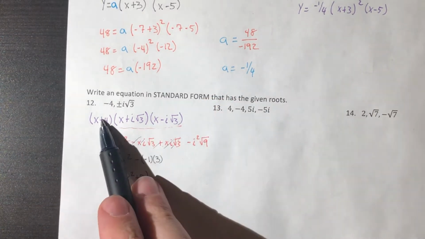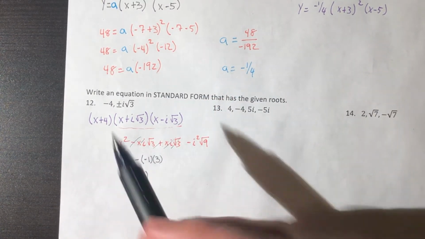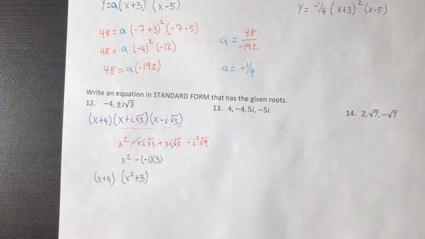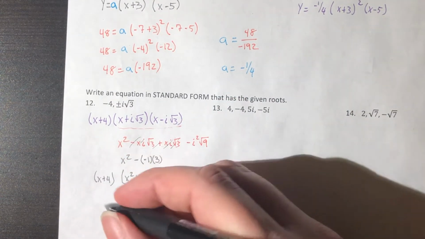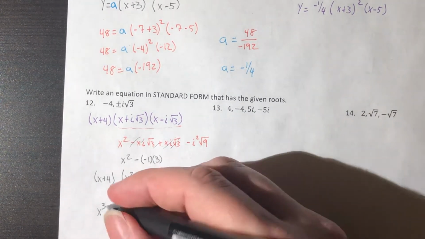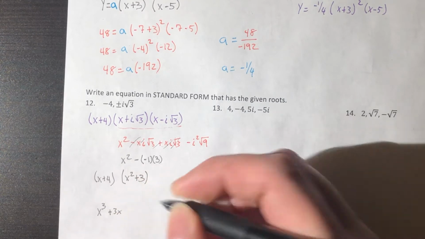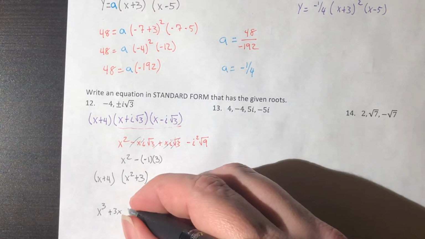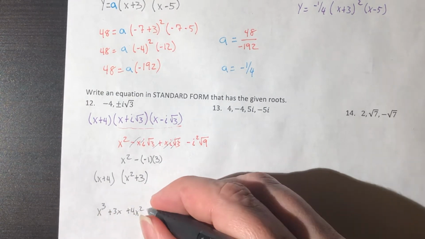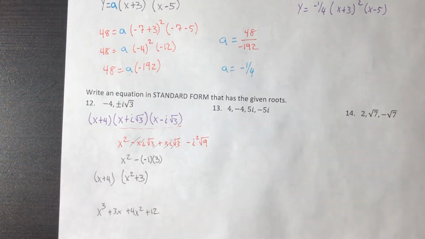And then I need to FOIL that with this other one that I had of x plus 4. So when I FOIL that, x times x squared is x cubed. x times 3 is 3x. 4 times x squared is plus 4x squared. And 4 times 3 is plus 12.